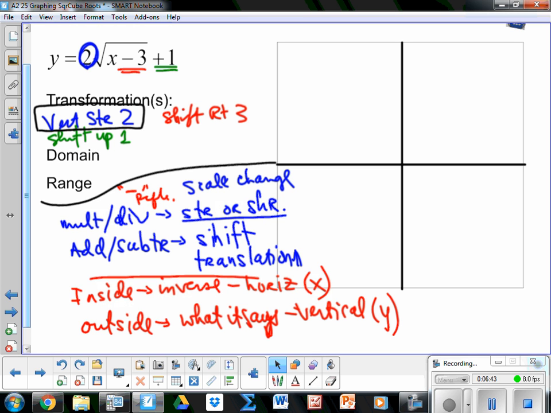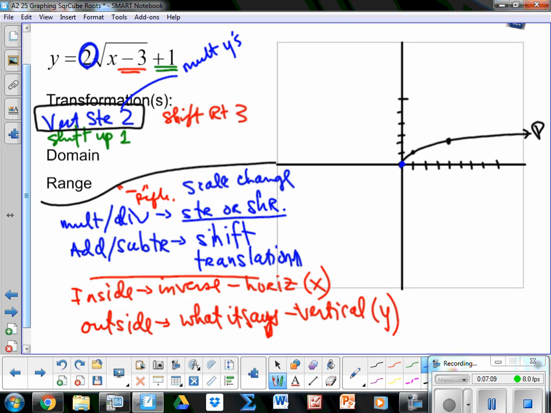Okay, so let's take this bad boy for a spin, and let me remind you that the parent function was at 0, 0, 1, 1, and 4, 2. So this is the parent function, okay? And so what we're going to do is stretch this by 2 first. So 0, 0 is going to become 0, 0. And again, what we're doing is multiplying the y's by 2.